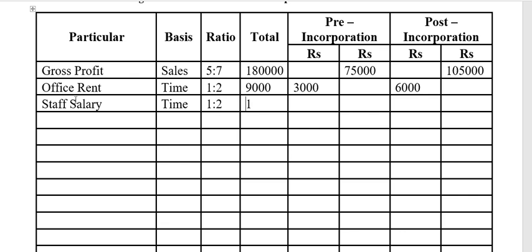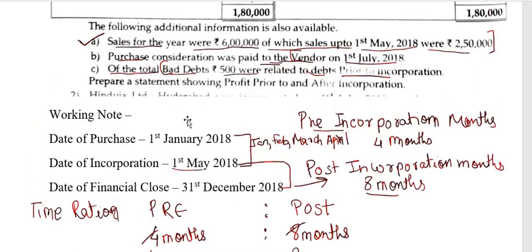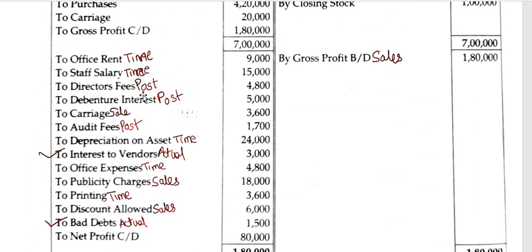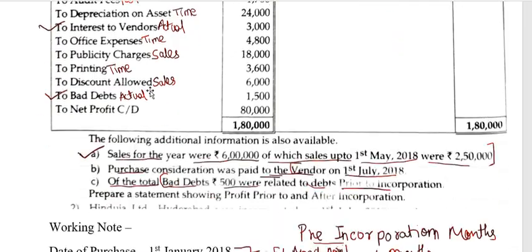If you distribute 15,000 on the time ratio 1:2, for pre-incorporation we get 5,000, and for post-incorporation we get 10,000. After staff salary, director's fees, and director's fees are related to post-incorporation.